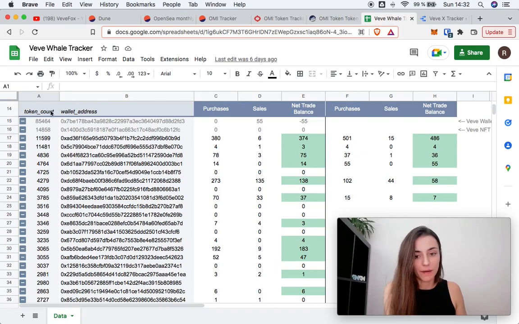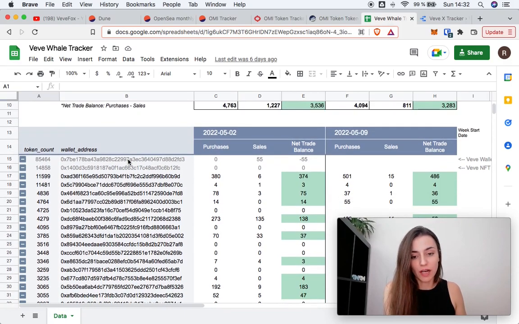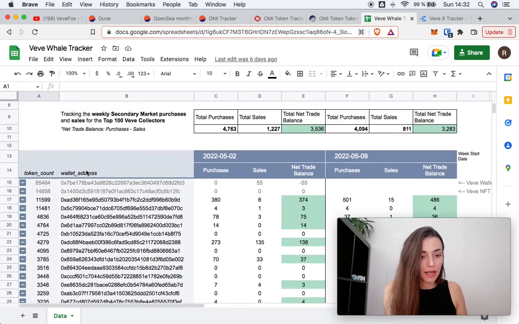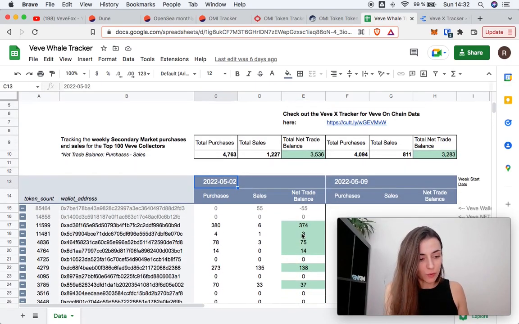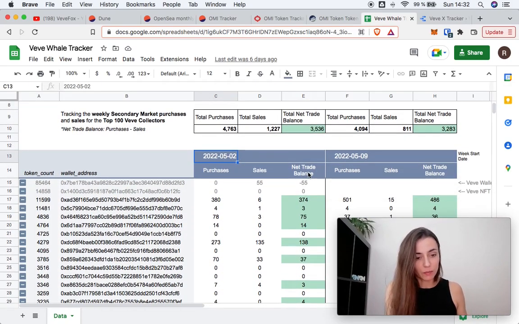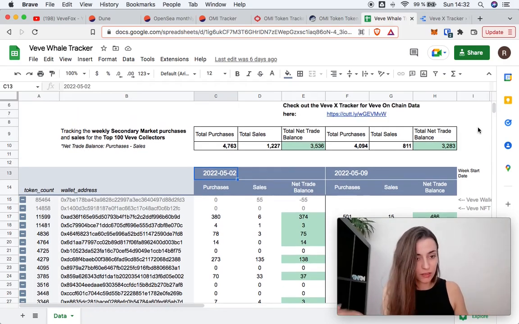Here you see all the top addresses. This is the number of collectibles they own, and here you see how many purchases and how many sales they did. Again, I calculated one column with a net trade balance, which is the number of purchases minus the number of sales, and here you have the total for all the 100 wallets.